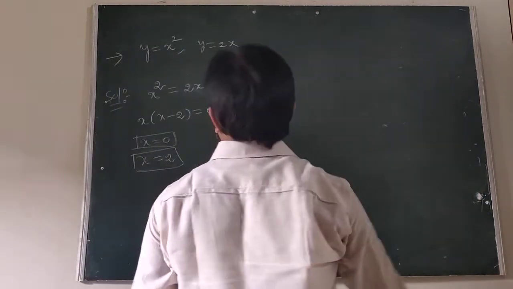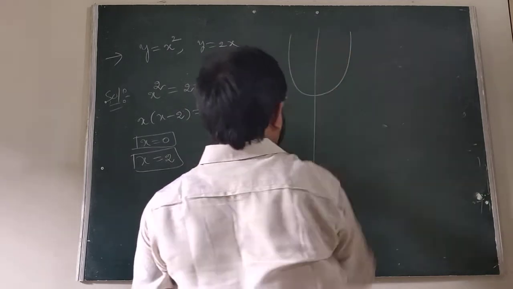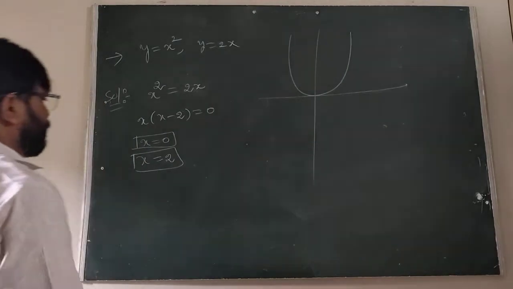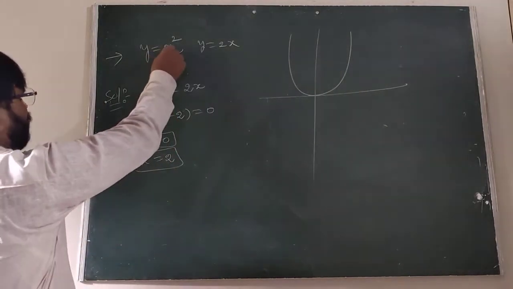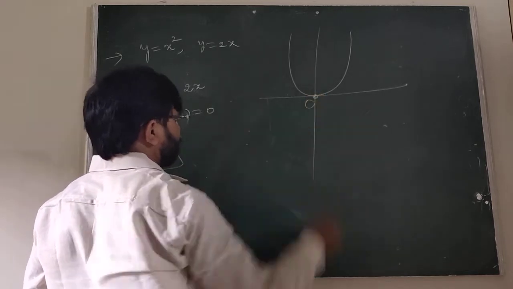Therefore now everybody knows this is x square equal to 4ay. When x equal to 0, all of you listen here, y is 0.